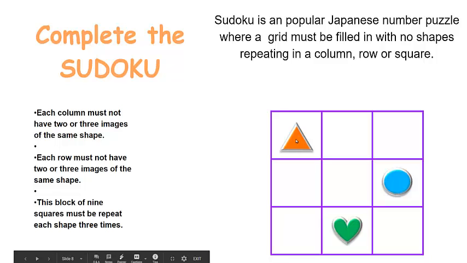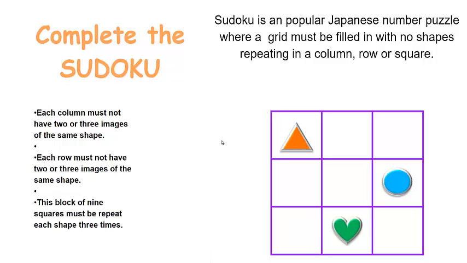For example, 1 triangle here, another triangle in this corner, another triangle in another corner. But remember, don't repeat the same picture in the same row and in the same column. Okay, we start. Now we are all ready to know the instructions and we start to complete the Sudoku.